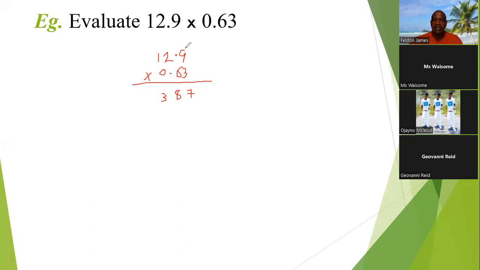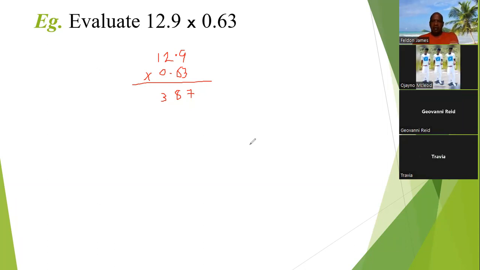So if we say 6 nines, 6 9 give you what? 54. All right, so what would you do here now, going to say 6 9 equal to 54? What should we do in terms of the number?